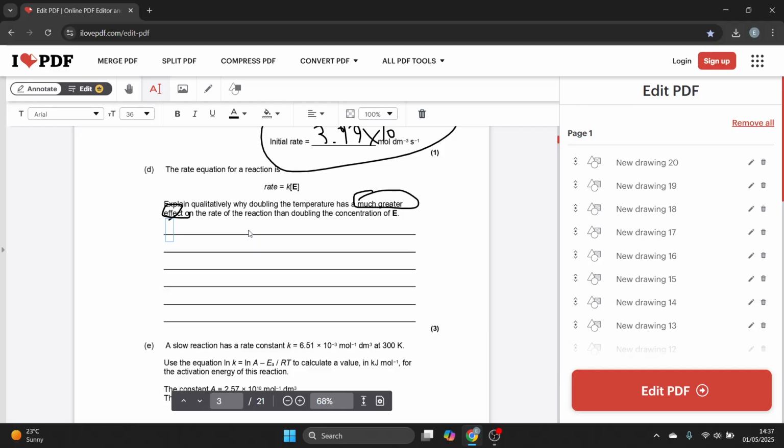So first things first, a reaction happens when molecules have energy greater than or equal to the required activation energy.